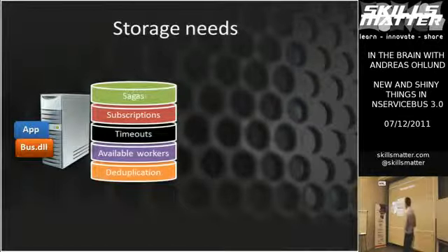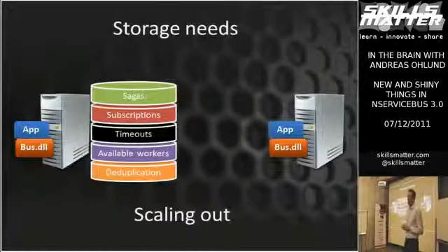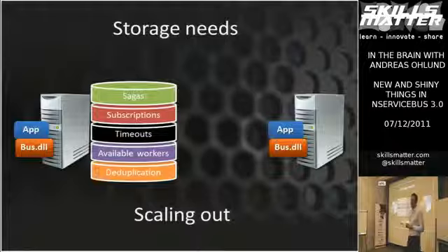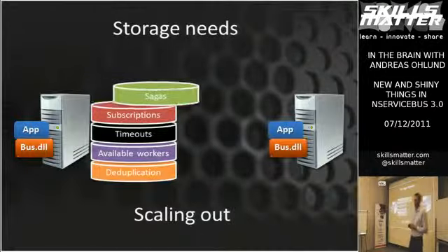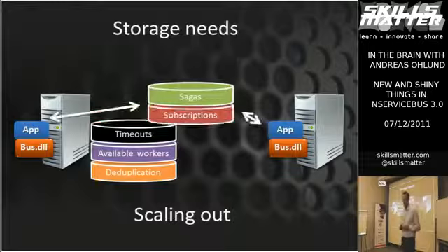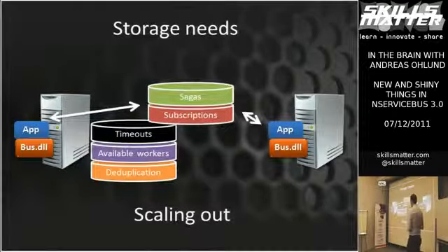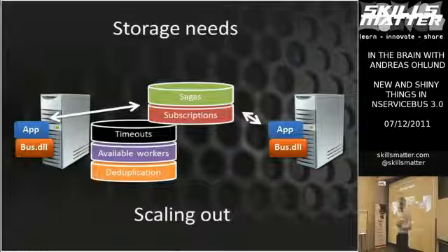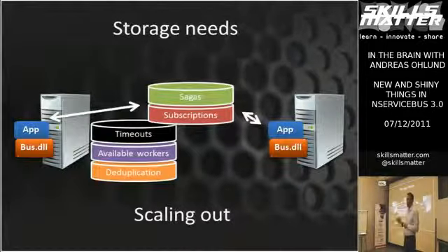Usually each endpoint needs to store its things, but there are situations where you need to scale out. So we need to have a shared storage as well, so that when you do scale out your processing over multiple servers, you need to share that state. So if you have your blue app over there distributed on two machines, they need to share the list of subscribers.